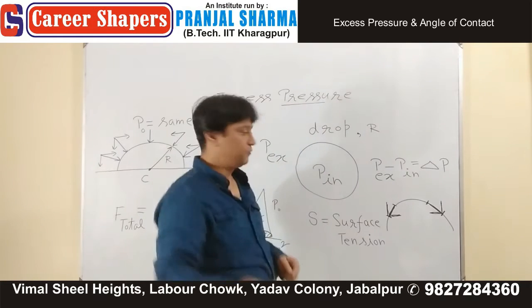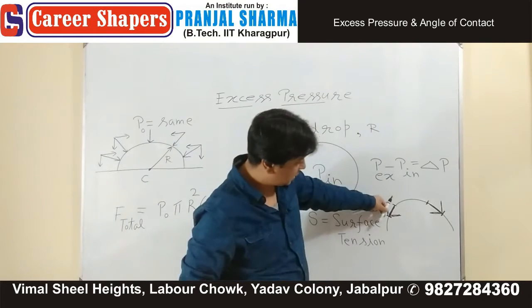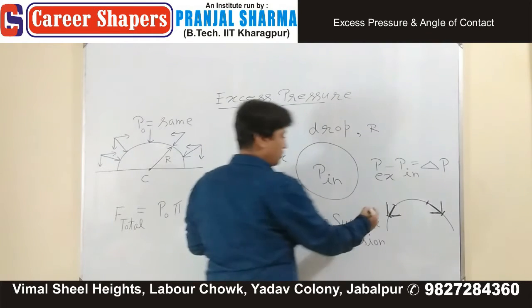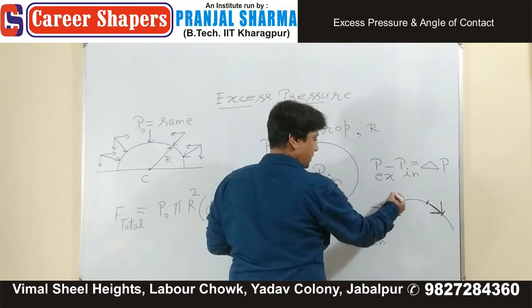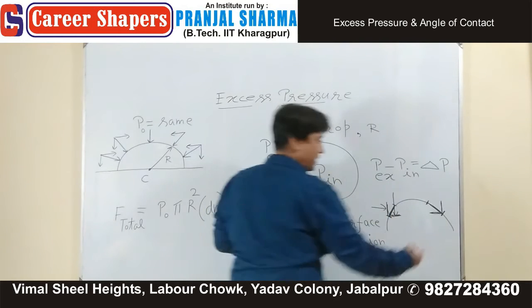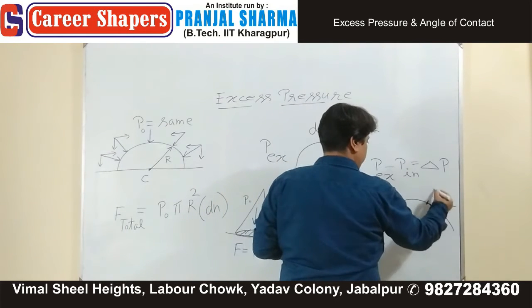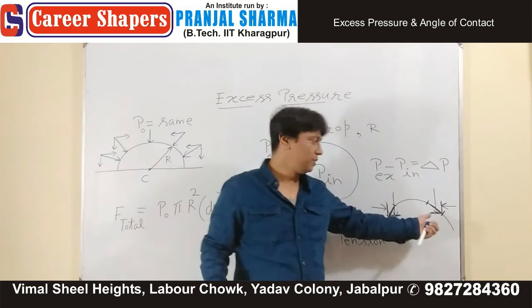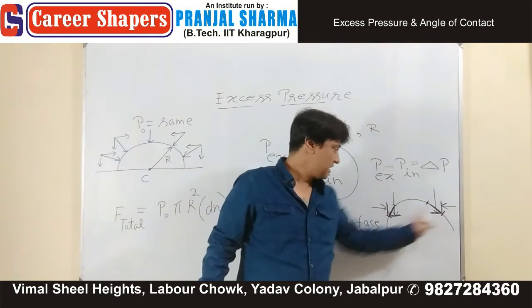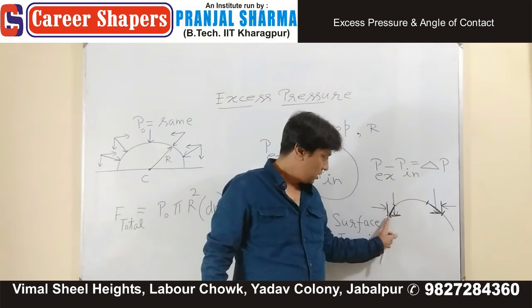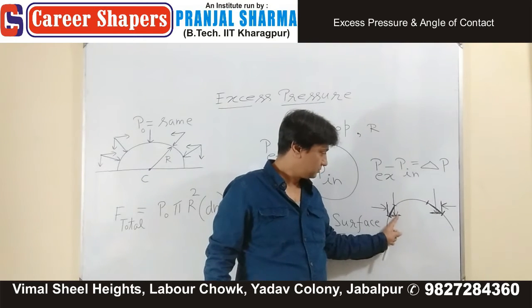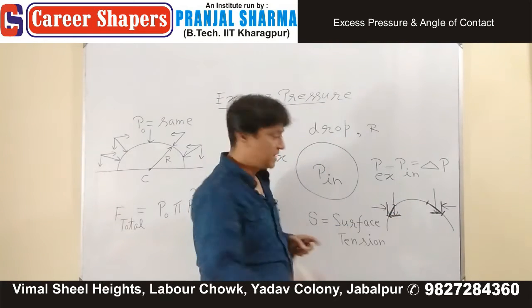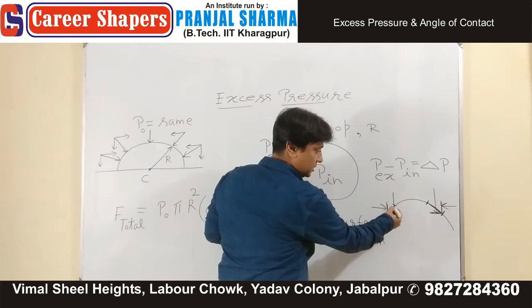If I need force on the curved surface, I will say find out force on this, find out force on this, find out force on this. Go and see Pascal's law and you will find this and this are cancelled. Look at this. All these are projections.